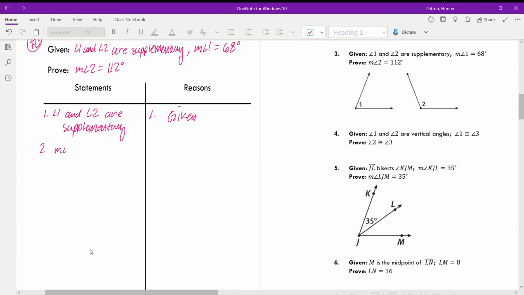The measure of angle 1 plus the measure of angle 2 is equal to 180 degrees. I'm using statement 1 to get statement 2, the one that says that if two angles are supplementary, then their measures add up to 180. This is the definition of supplementary angles.